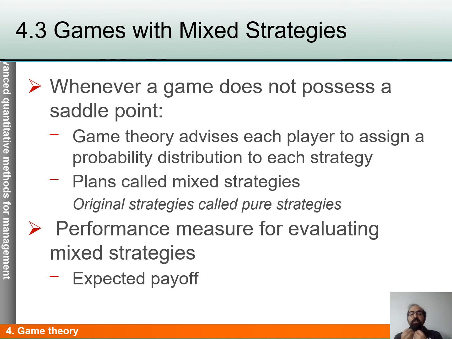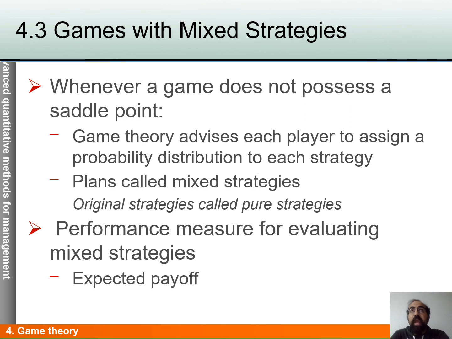It means that there is not a pure strategy that says, for example, strategy 2 of player 1 and strategy 3 of player 2 is the pure strategy. When there is no saddle point, we should solve our examples by a mixed strategy. A mixed strategy is the probability distribution of the different strategies.